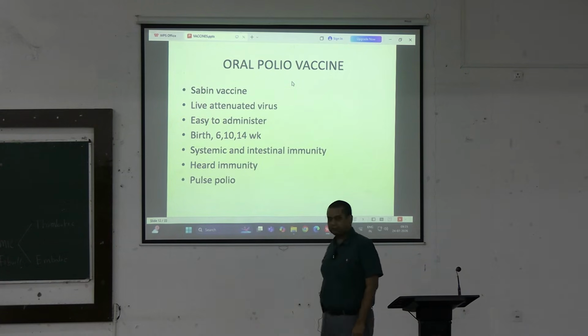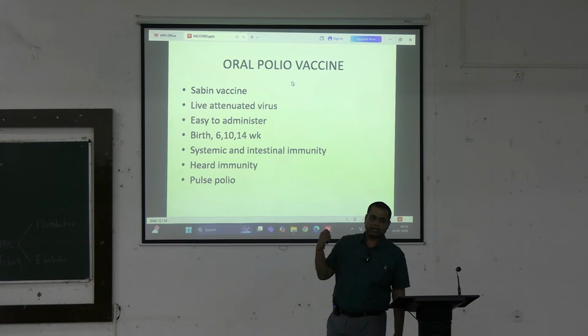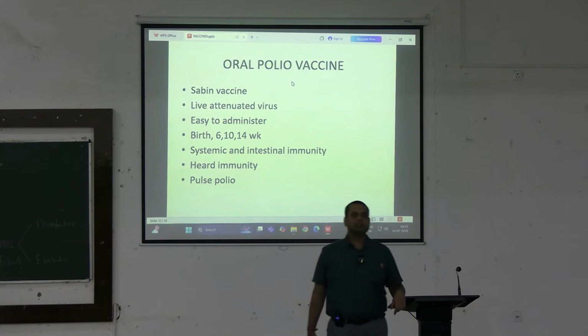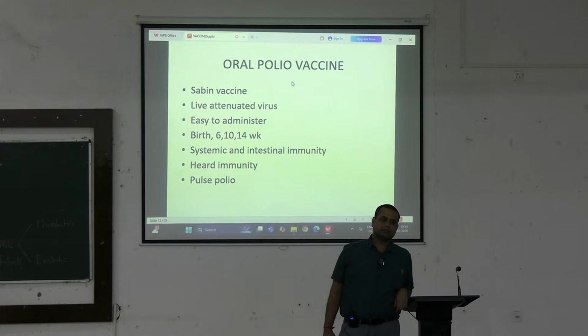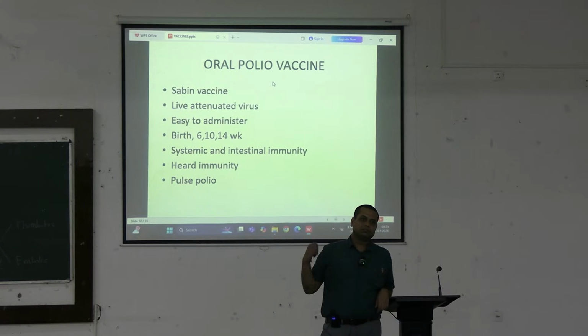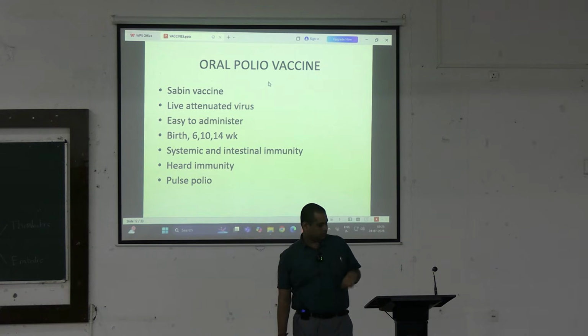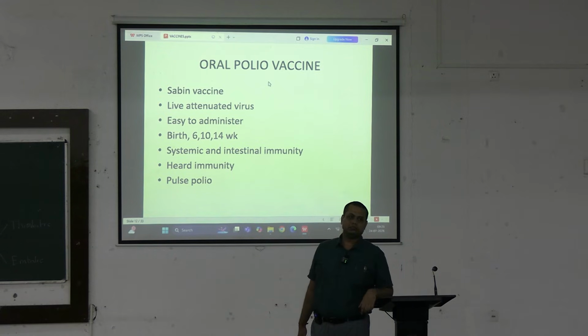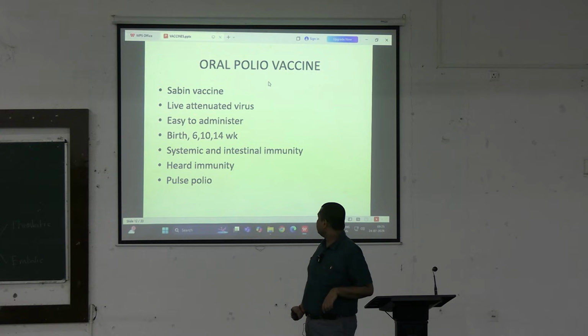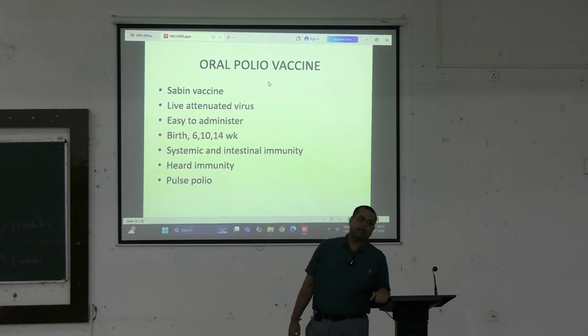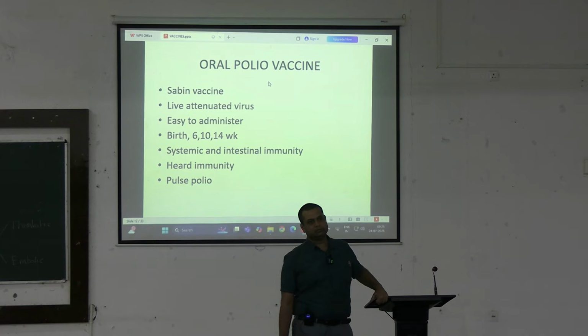Oral polio vaccine. The other vaccines were given by deep intramuscular injection, but this is an oral vaccine. What is this polio vaccine? It is a live attenuated vaccine.